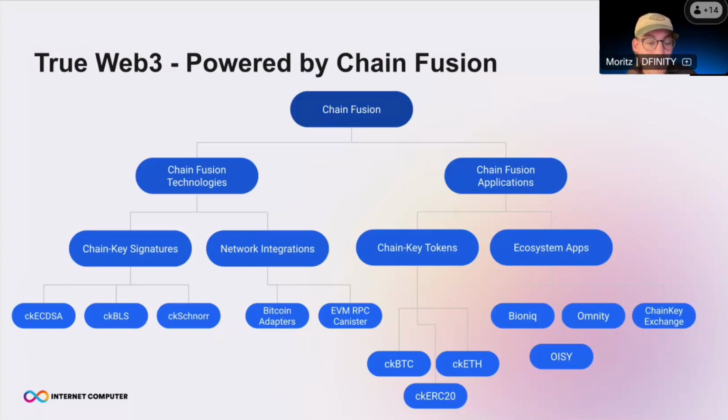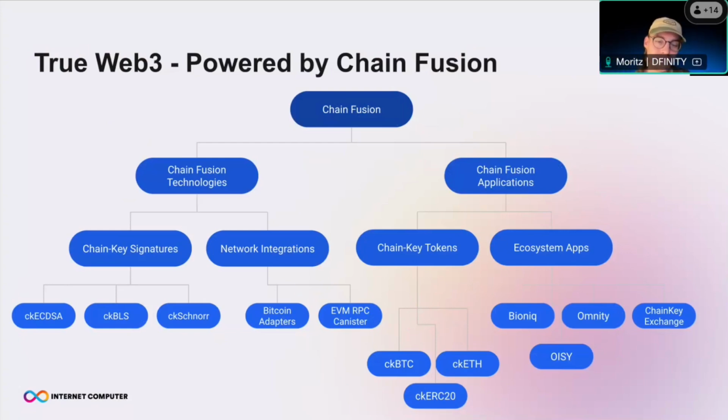With Chain Fusion, the general idea is to leverage the properties of multiple chains within a single dApp. So we want to bring the strengths of the Internet Computer to smart contracts on other chains, and also vice versa.